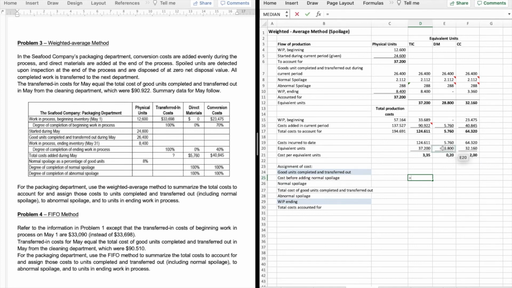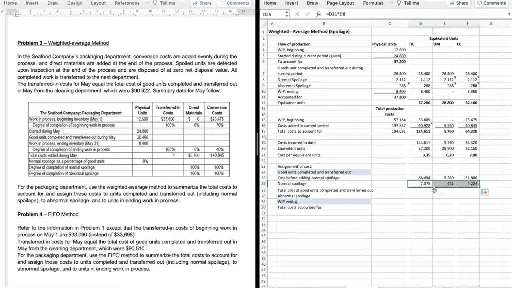The formula is the same. It is to multiply the cost per equivalent unit with the equivalent unit that is completed and transferred out during current period. And then for the normal spoilage, multiply the cost with the equivalent unit for the normal spoilage.